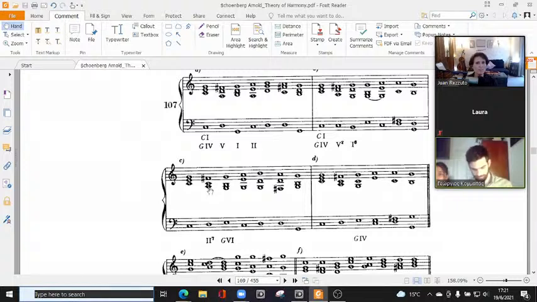In example C and example D, we have D7th going to the E minor and D7th going to the C major in first inversion. In both cases, deceptive cadence.